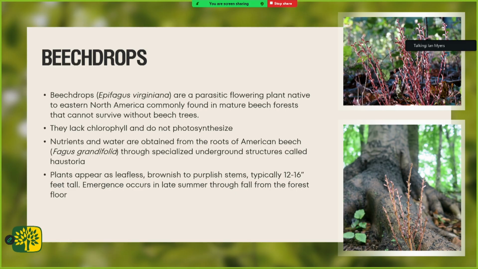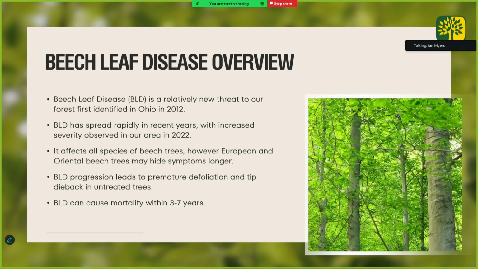And it sends out these haustoria, which is a root structure that kind of latches on to the beech tree's root system and pulls out nutrients and water from the beech trees. So this plant obviously would not survive without beech trees. So it's just kind of an interesting plant relationship.